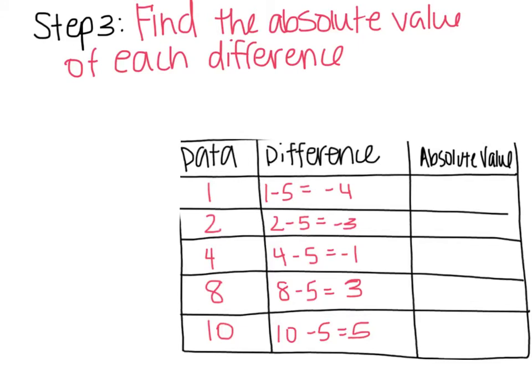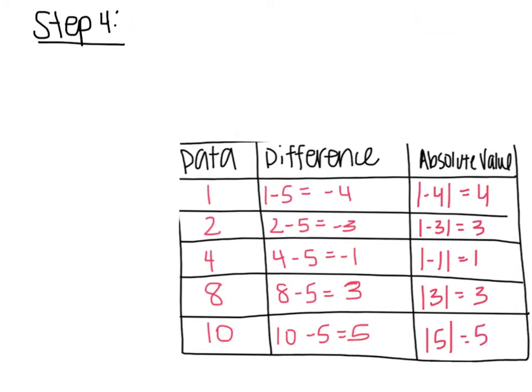So we're going to look and say the absolute value of negative 4 is 4. The absolute value of negative 3 is 3. The absolute value of negative 1 is 1. Absolute value of 3 is 3. And the absolute value of 5 is 5.